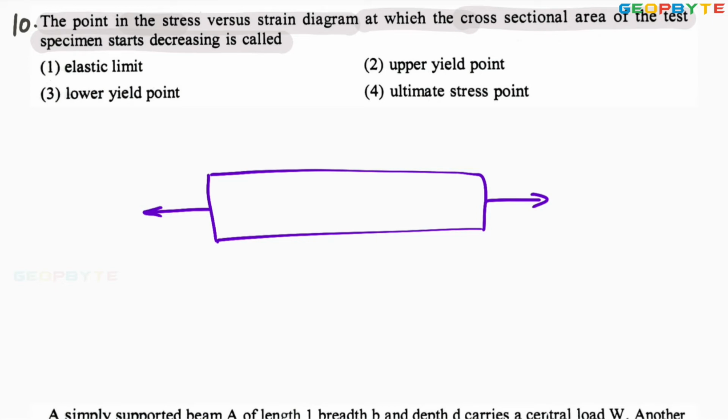At the permanent deformation region, the cross-sectional area starts to decrease. Anyhow, the point in the stress versus strain diagram at which the cross-sectional area of the test specimen starts decreasing is the elastic limit. At the elastic limit itself, the cross-sectional area of the body starts to decrease.